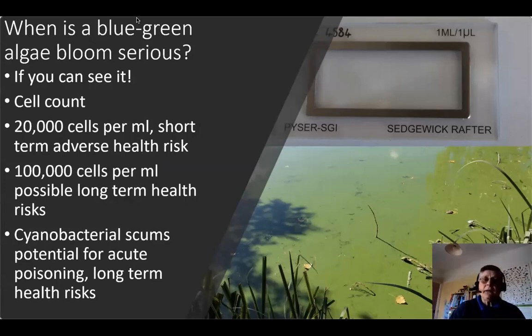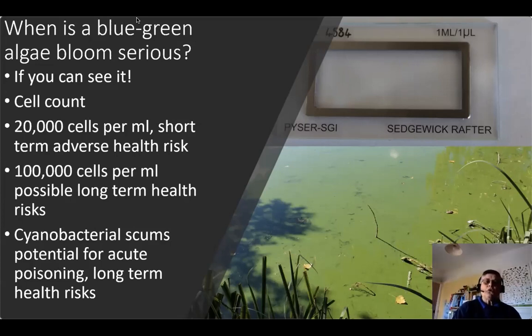Basically this has tiny little squares in it, and we can count the numbers of algae per microliter or per milliliter. So a very useful piece of kit. And if we do the cell count, as you can see from there, 20,000 cells per milliliter. So a milliliter is a very small amount of liquid.